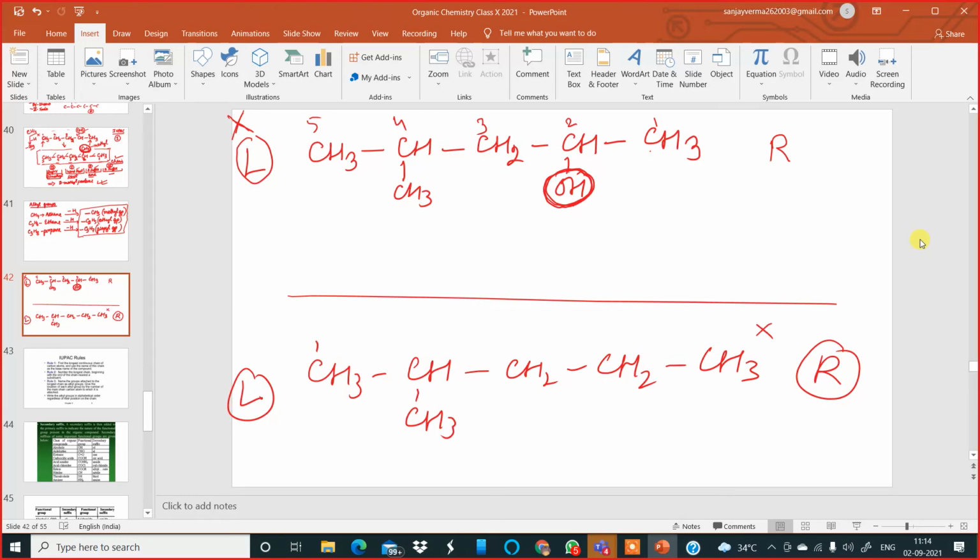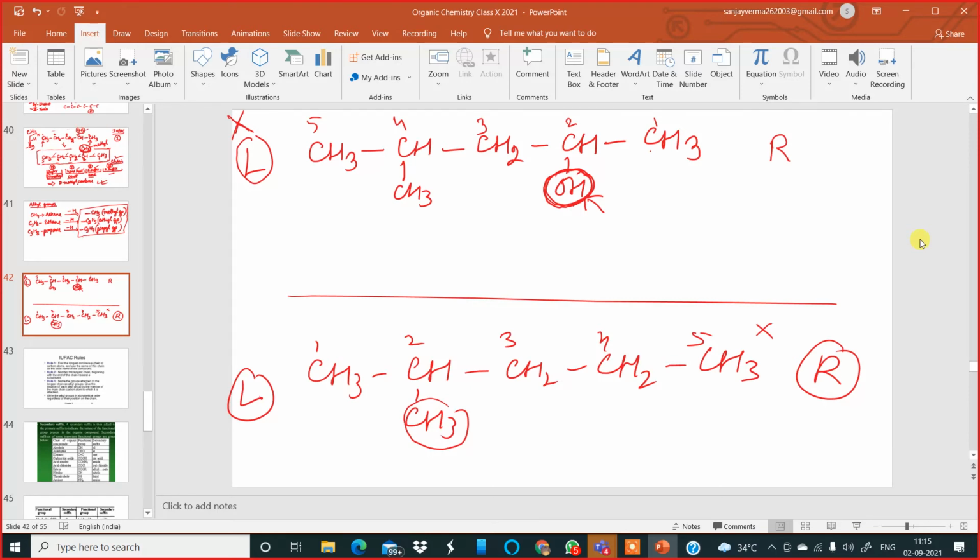You will number from the left: 1, 2, 3, 4, 5. Are you getting it now? Because there is only an alkyl group over here, and there is no functional group. And remember, the presence of functional groups dominates the numbering of carbon atoms from that end to which it is closer. Am I clear?